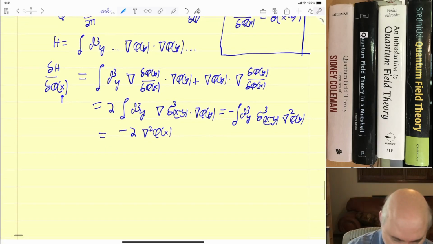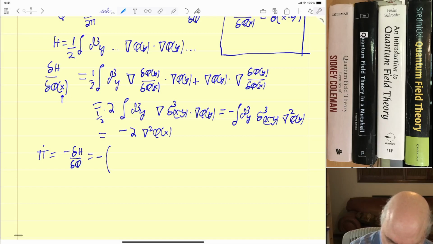Okay. So our equation of motion becomes pi dot equals minus the functional derivative of the Hamiltonian with respect to the field. And now, remember there's a half in front of this term I left out. I should have a half here, so I get minus del squared phi.